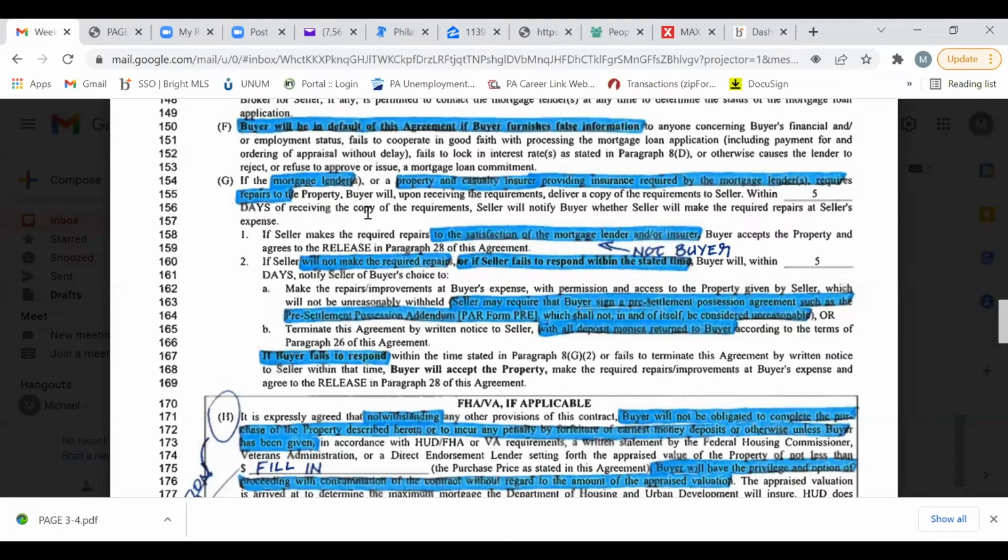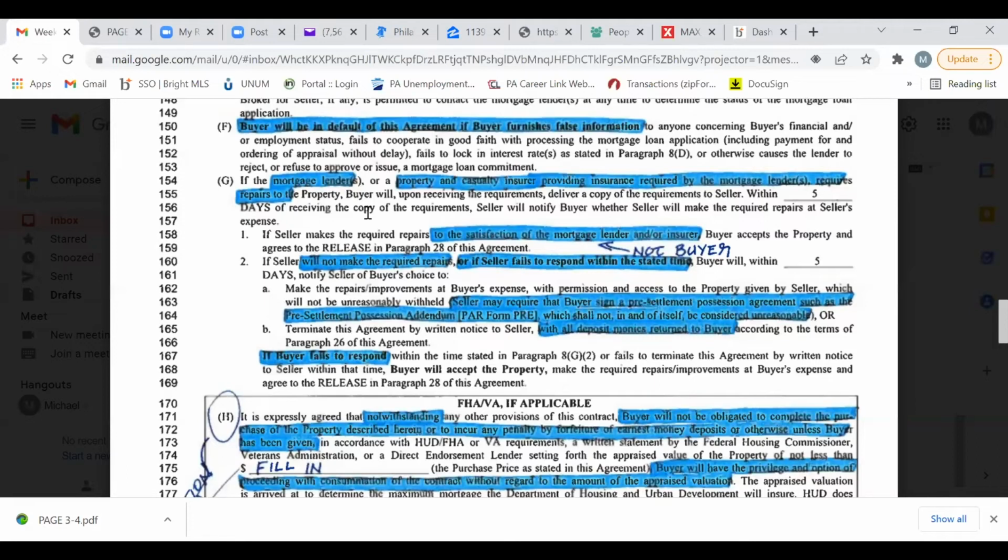Seller may require that buyer sign a pre-settlement possession agreement, which is good practice, such as the PAR form for the pre-settlement possession addendum, which shall not in and of itself be considered unreasonable. Or the buyer can terminate this agreement by written notice to seller with all the deposit money going back to the buyer according to the terms of paragraph 26.